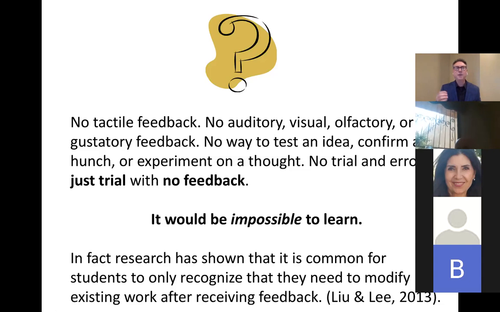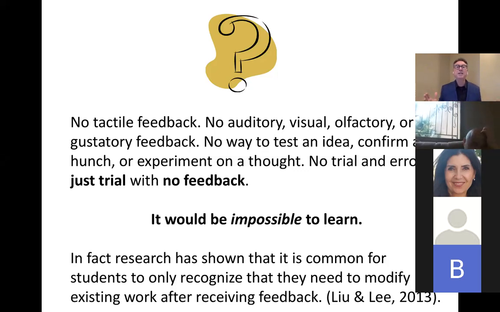In fact, we understand in terms of neuroscience and cognitive science that students only recognize the need to change something, to change a behavior, an idea, an outcome, a theory, a process of learning, if they receive, and only after they receive, feedback.